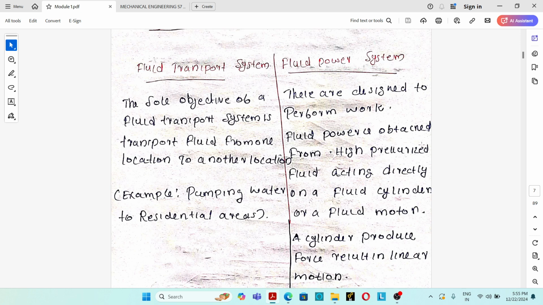Okay, so that's the difference between a fluid transport system and a fluid power system. This is an important 3-mark question. Explain the difference between a fluid transport system and a fluid power system. You can expect a 3-mark question from this area.